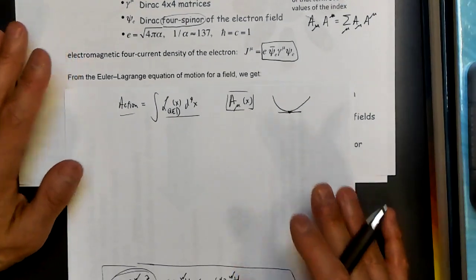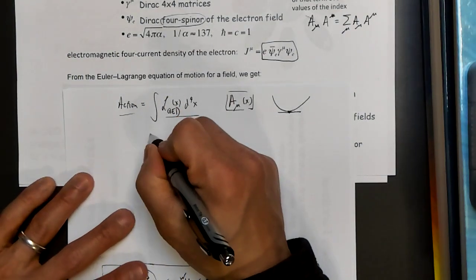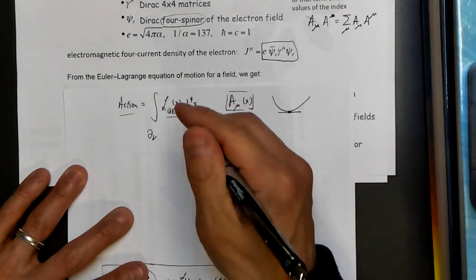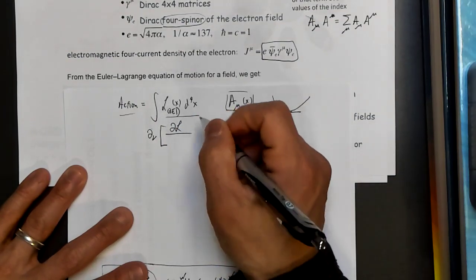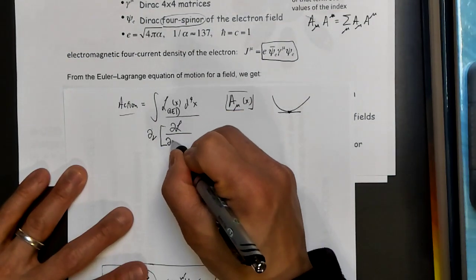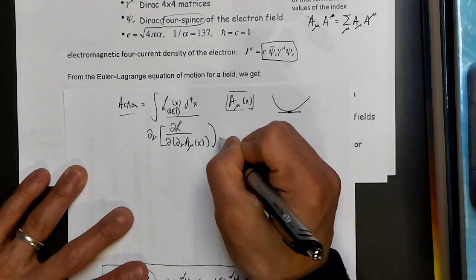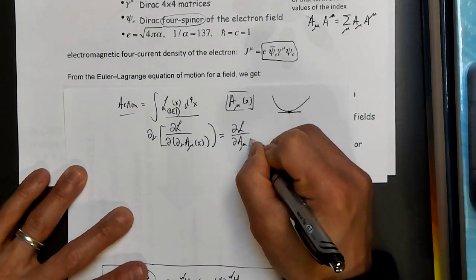If you do that, and you derive the Euler-Lagrange equations, what you find, for the case of the photon field, is d nu of the partial derivative of the Lagrange density with respect to d nu A mu at the point x is equal to dL d A mu.